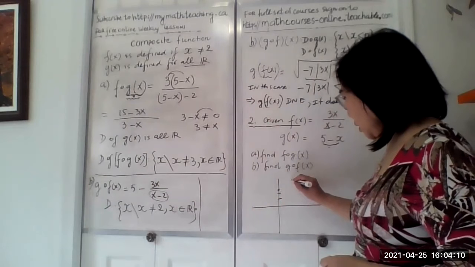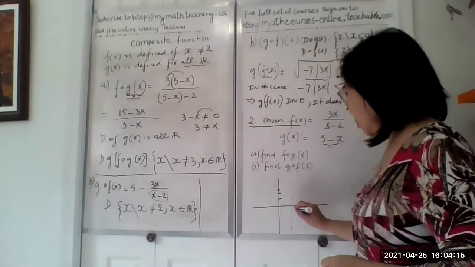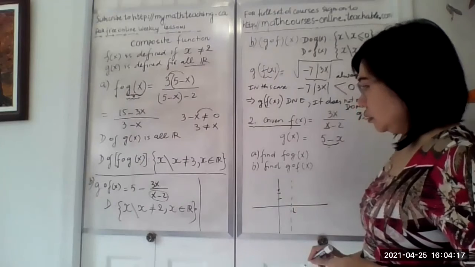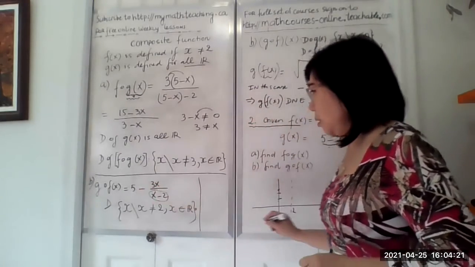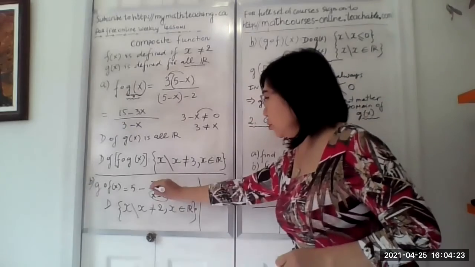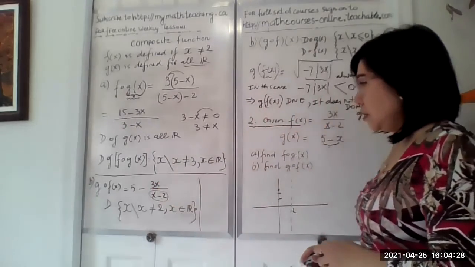And we have a vertical asymptote at x equals 2. The horizontal asymptote will be 5 minus 3, because the horizontal asymptote of f is 3.